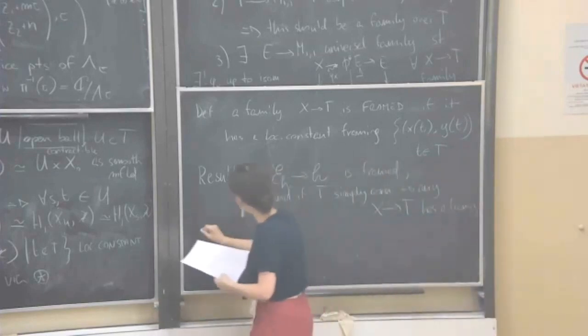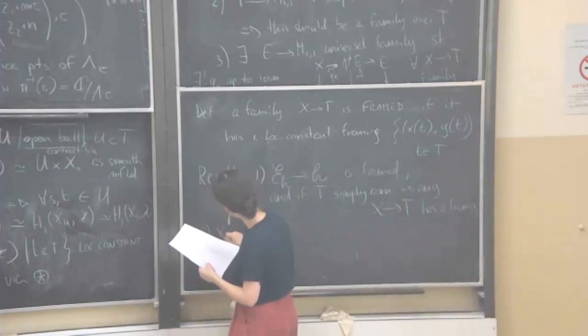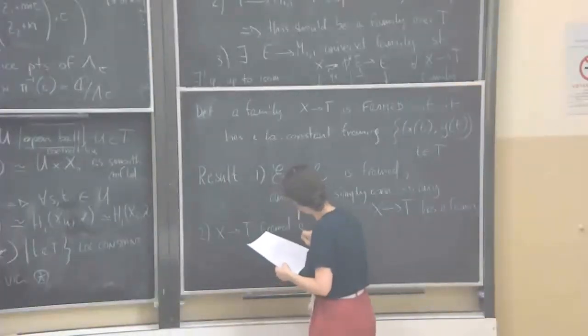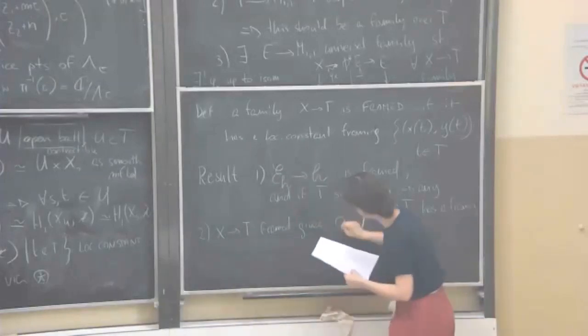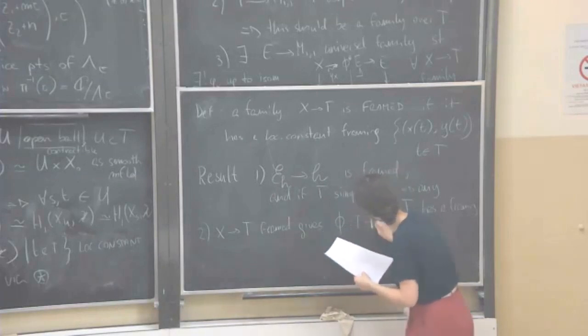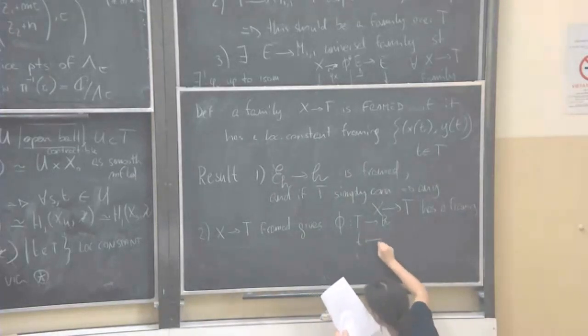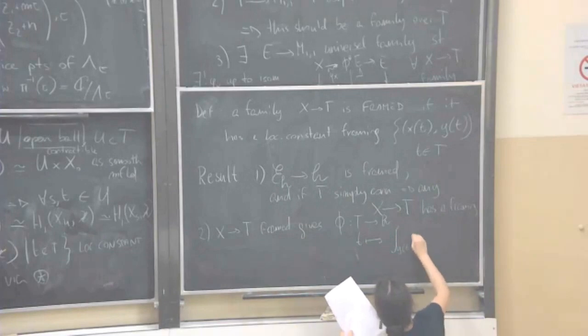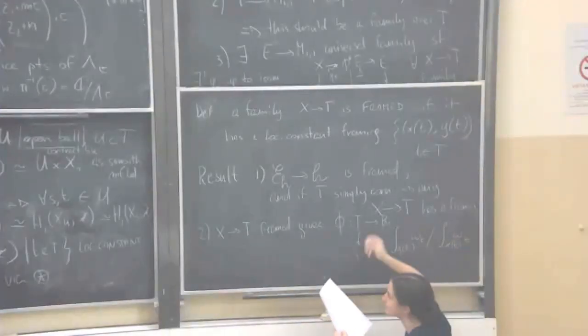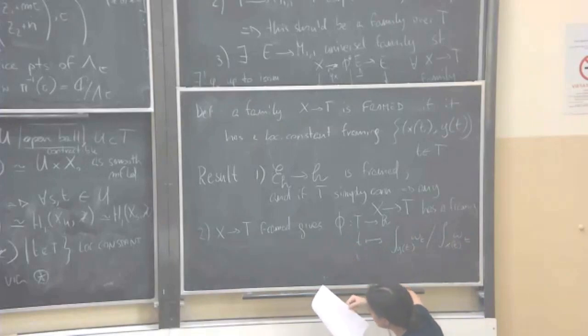And then the other thing you get is that a framed family gives a period map G from E to H that sends each element on this one to this. So it's basically the same as the lattice correspondence.